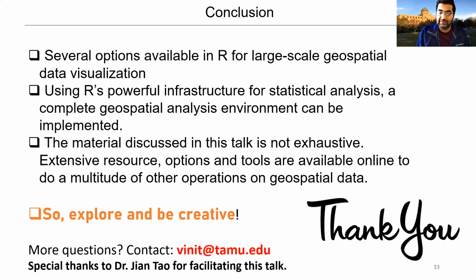And the material discussed here is not at all exhaustive. There's a lot more material available online. So I would encourage all of you to go explore, be creative and look for newer ways of doing things.